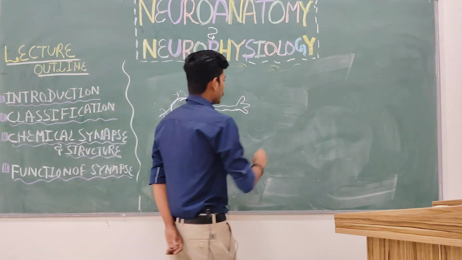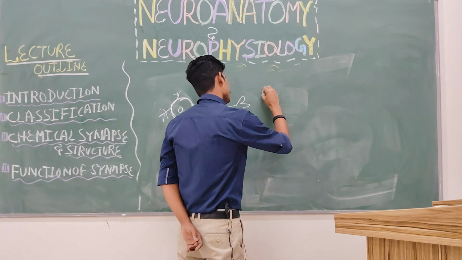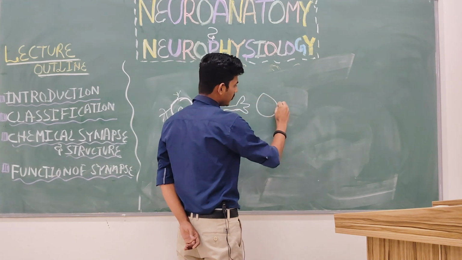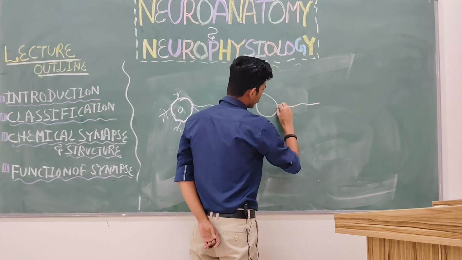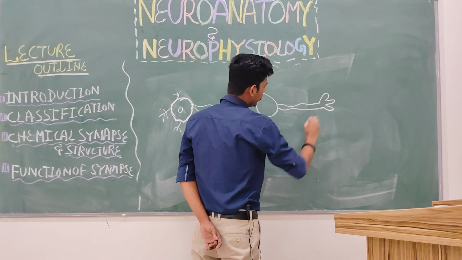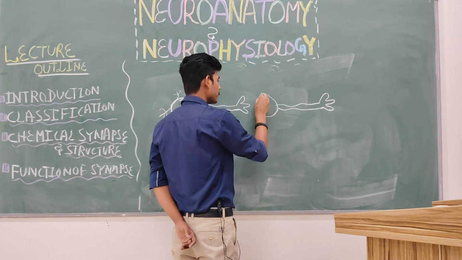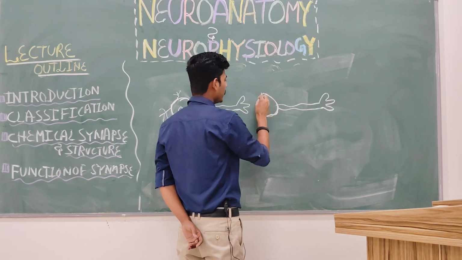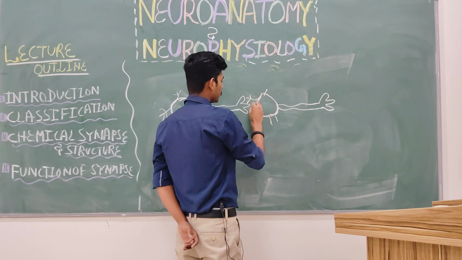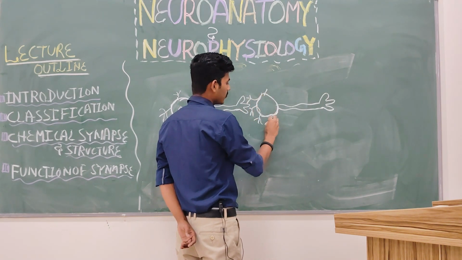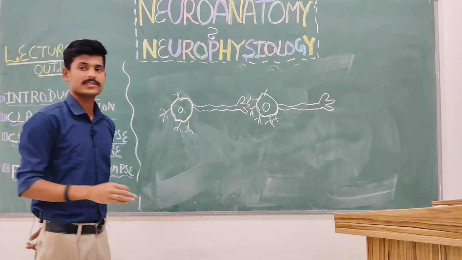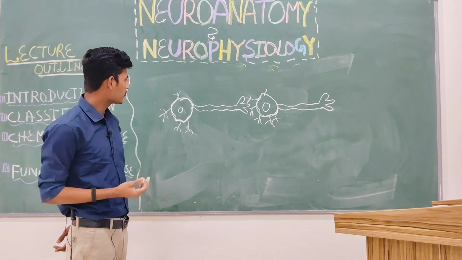Fine. Now we have another neuron. Suppose here its cell body is oriented, and there is again a long axon, and there are nerve endings, or you can say axonal endings, and there are the dendrites. Are you recalling the structure of the neurons which we discussed in depth? There is one separate video. If you're not, then go and watch.